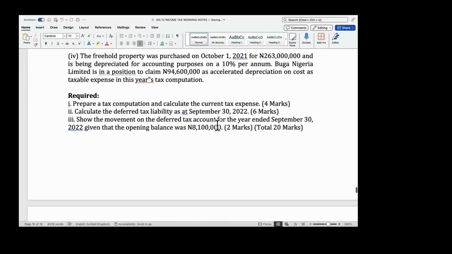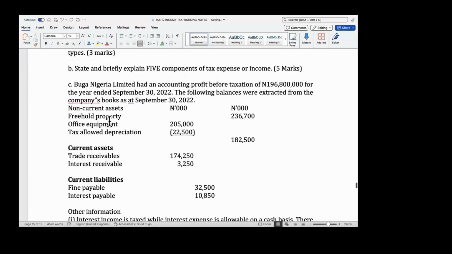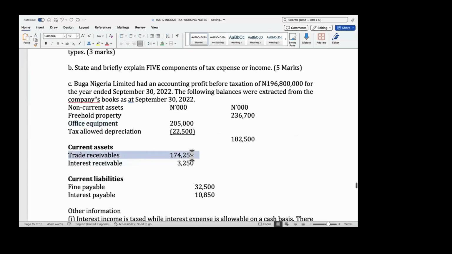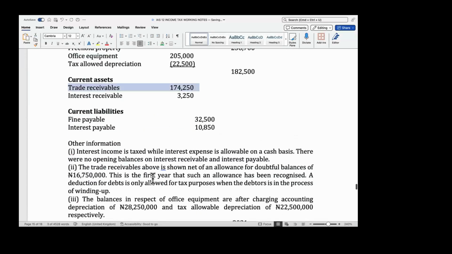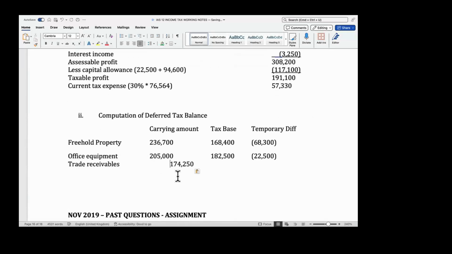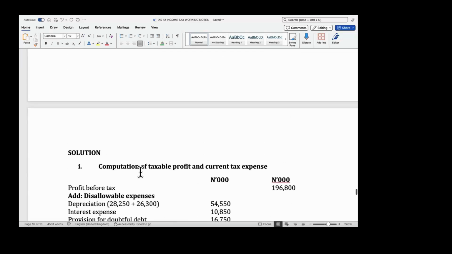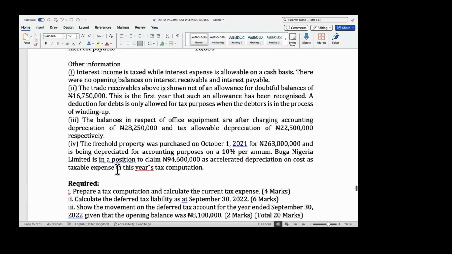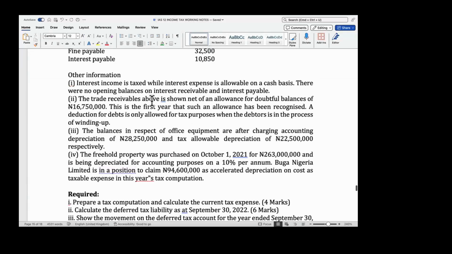The next one, after office equipment, is trade receivable. This is the carrying amount. So what's the tax base? I was told that trade receivable above is shown net of allowance for doubtful balance.